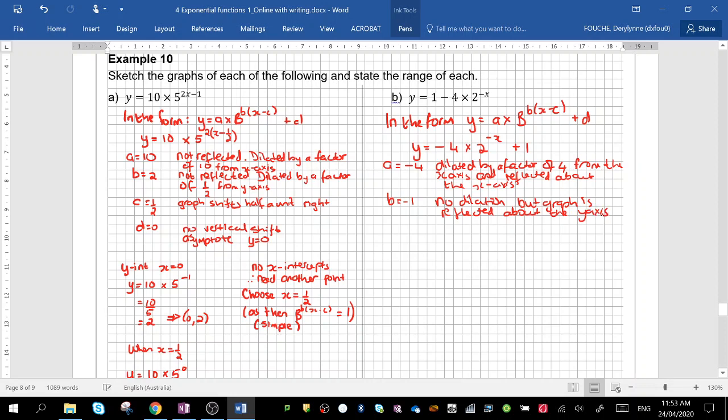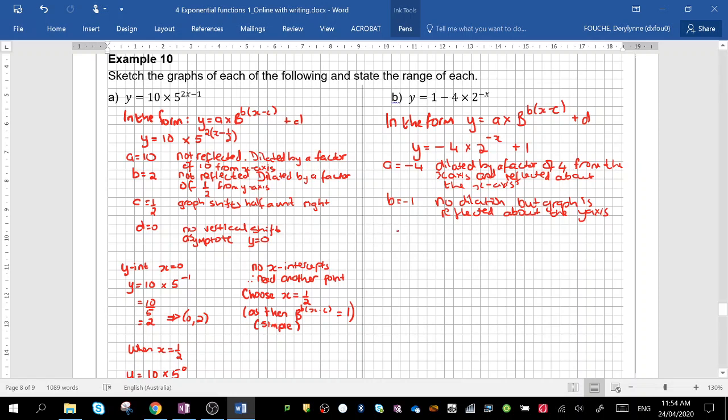Now you need to close your eyes and imagine what this graph is going to look like, because it has now been flipped down and then flipped back to front. Okay, and when we look at our d value, it has been shifted up. So this graph has moved quite a lot.